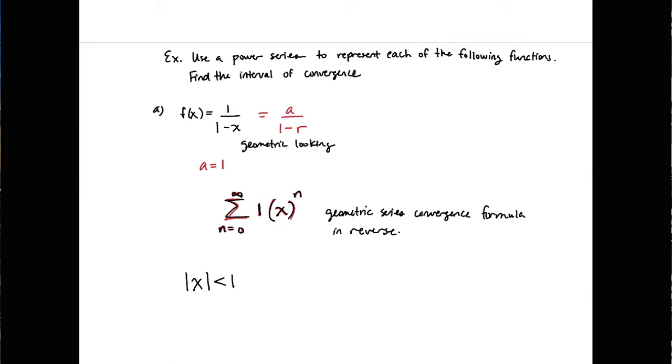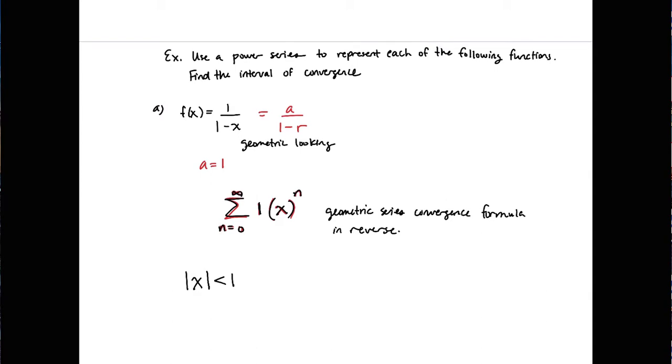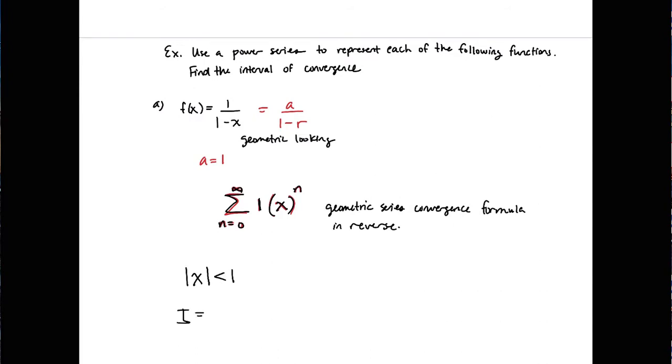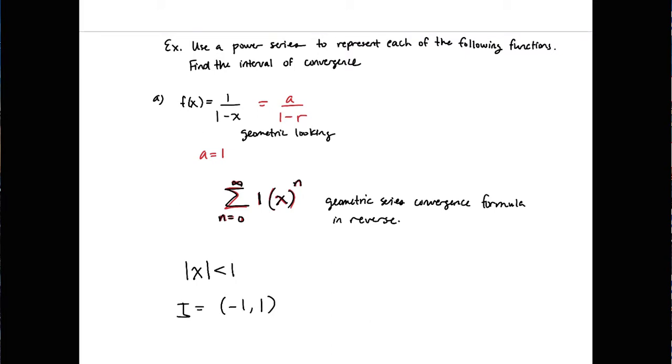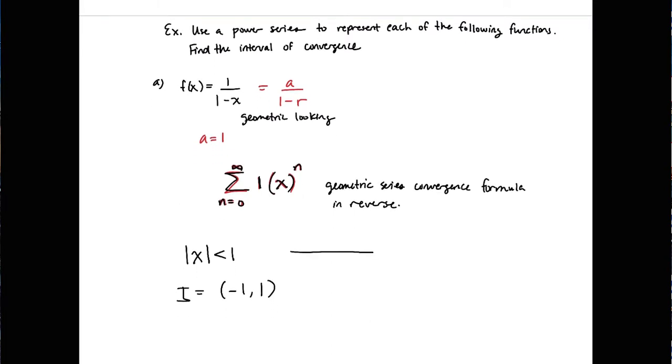Setting our series less than 1, our interval of convergence is going to be centered at 0. So if the radius is 1, then our interval would be -1 to 1. If we look at a number line, 0 is the center, 1 in each direction. And a geometric series converges on the open interval.